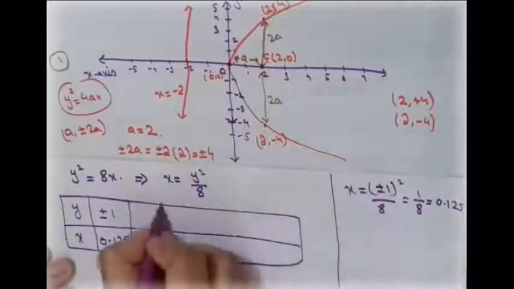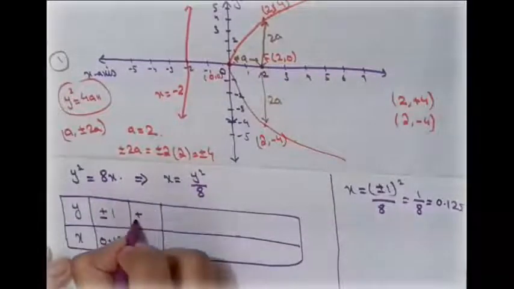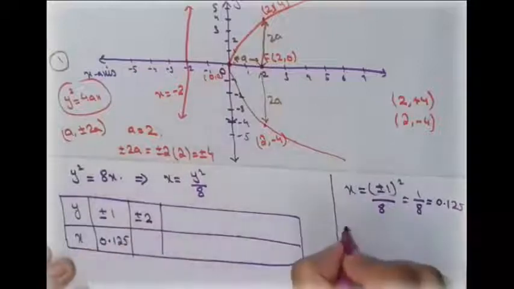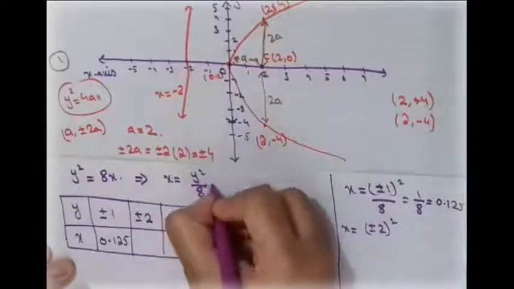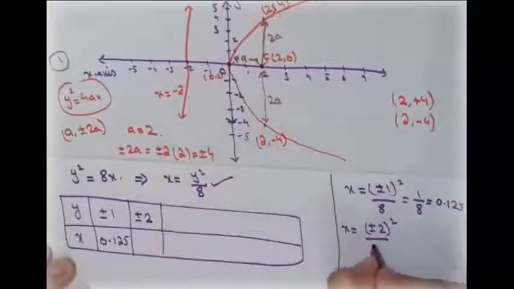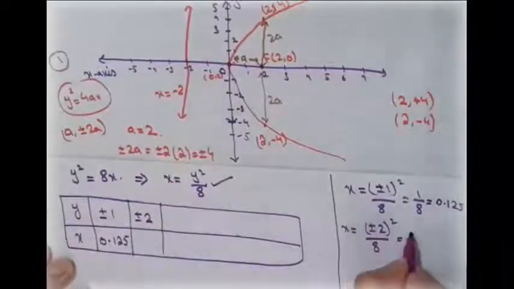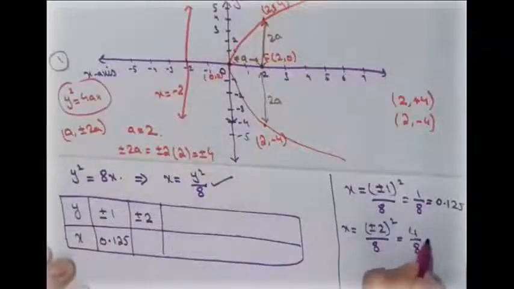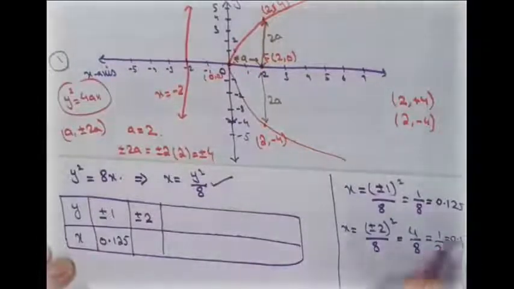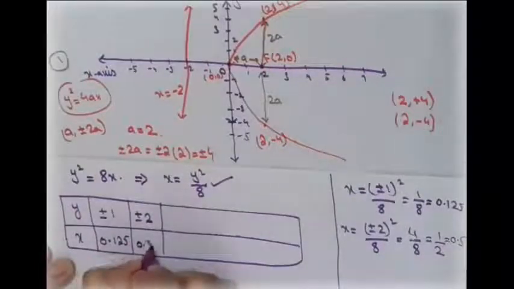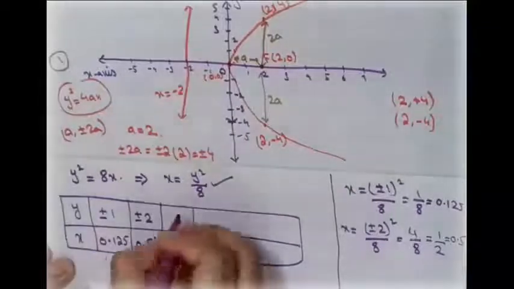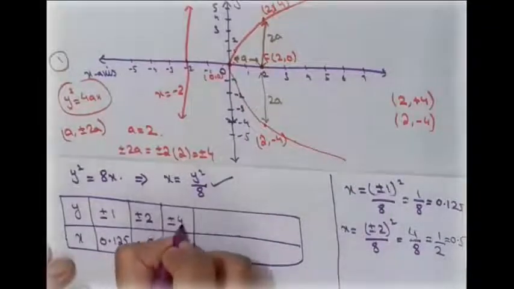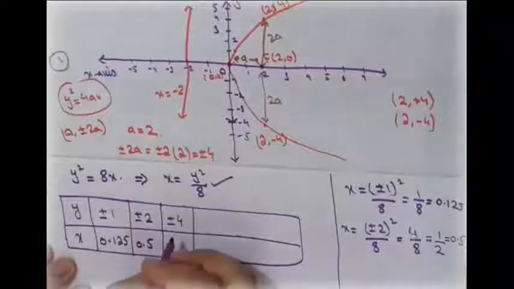If I put a value of plus or minus 2, then x equals 2 square divided by 8. So it will be 4 divided by 8, which is 1 divided by 2, equal to 0.5. So I will get 0.5, and I just put in larger values.